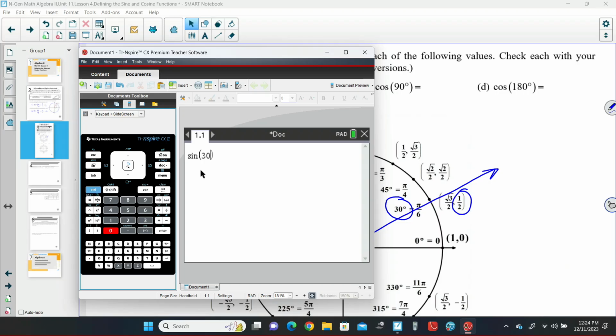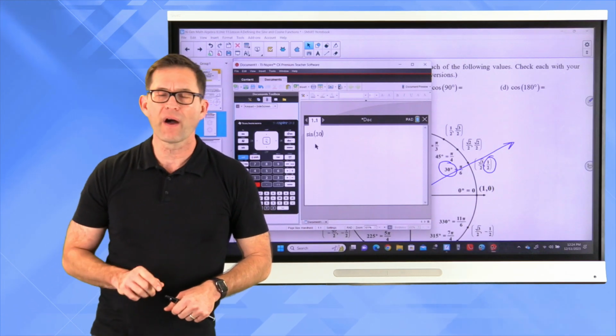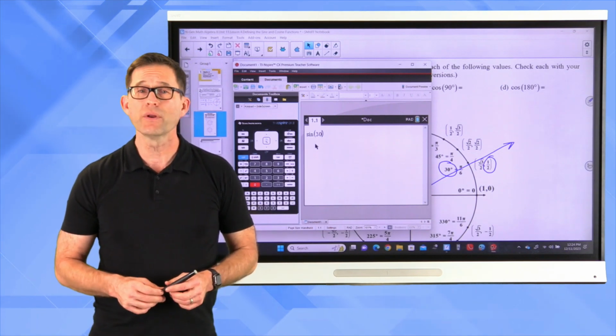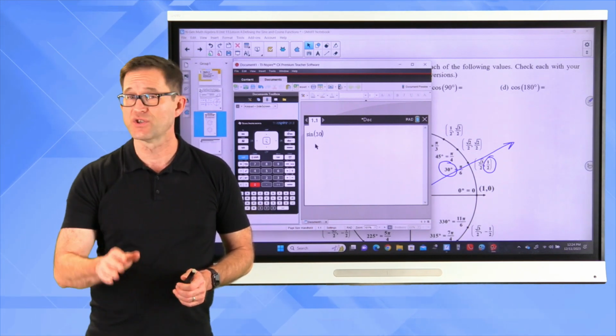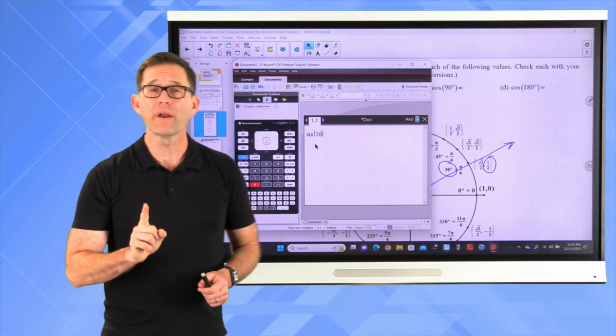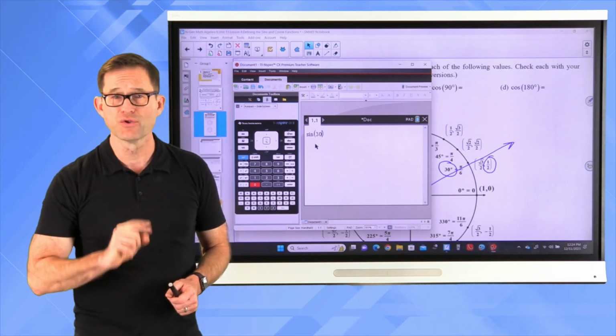Could we go to the board just for a second so it's a little bit bigger? Right by my battery indicator, it says RAD. That's radians. So right now, if I ask my calculator to find the sine of 30, it is going to assume that I mean 30 radians, which is very, very different than 30 degrees. If I wanted to find the sine of 30 degrees, I have two choices.